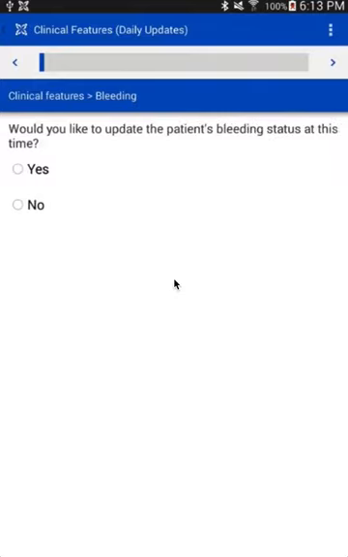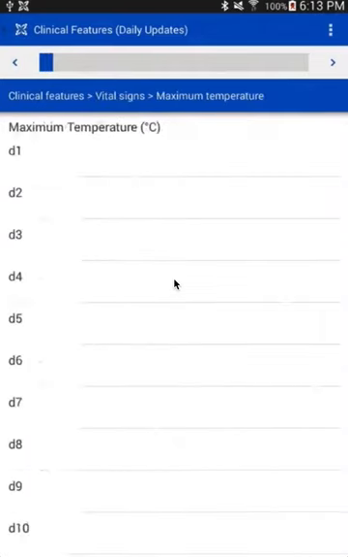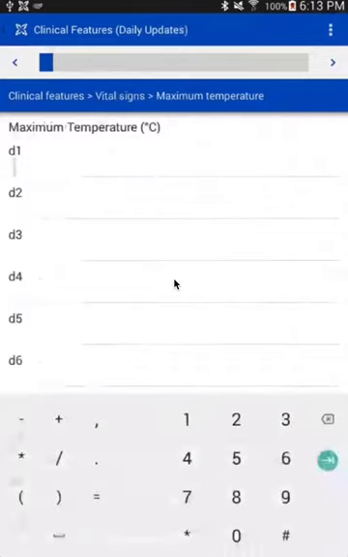The patient did not have bleeding, and in this case the patient was discharged after the third day. So we only need to enter the data for these 3 days the patient was at the ward. So the temperature of the patient in these 3 days, 37, 37.5, 37.